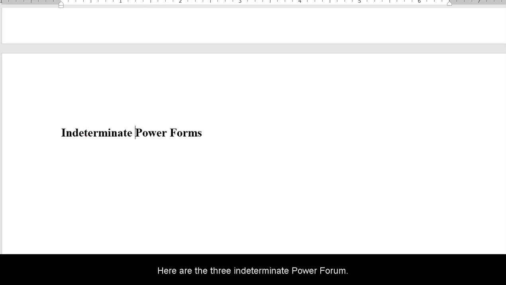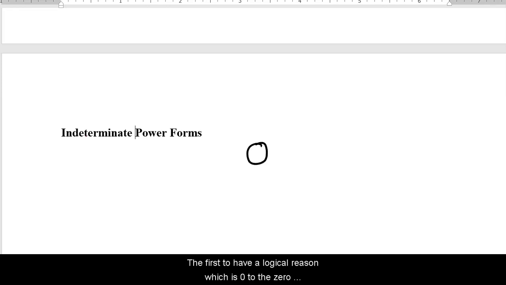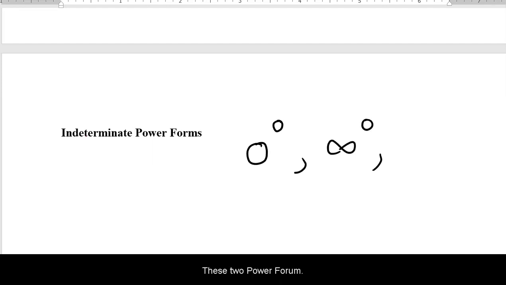Here are the 3 indeterminate power forms. The first 2 have a logical reason, which is 0 to the 0 and infinity to the 0. These 2 power forms have a reason that they are indeterminate that is easy to understand. The final one is not easy to understand. It is 1 to the infinity.